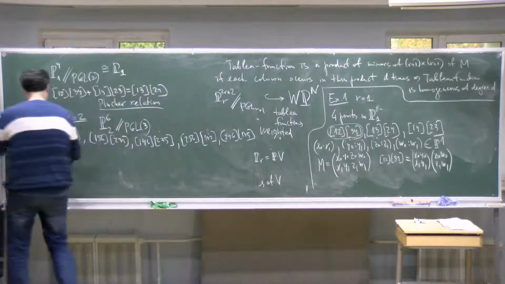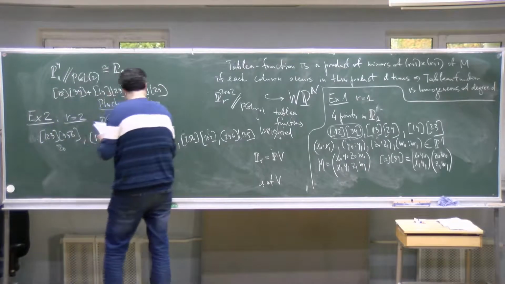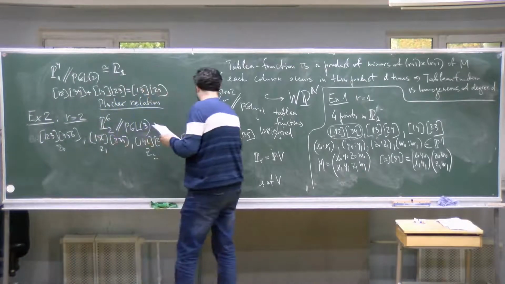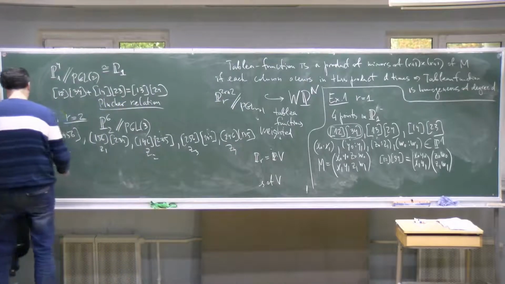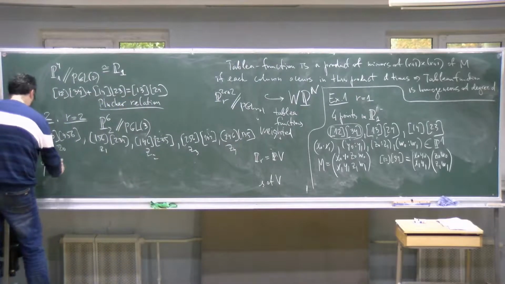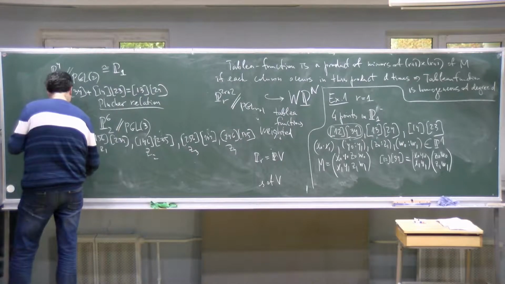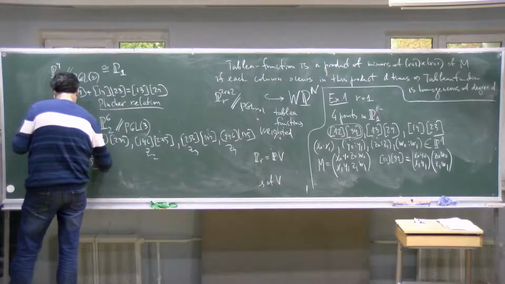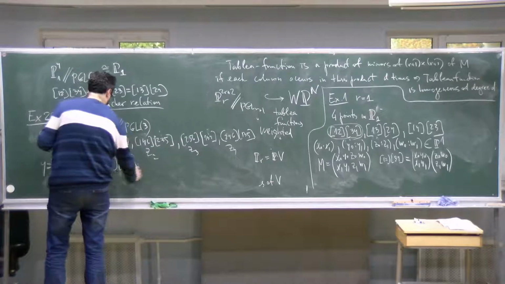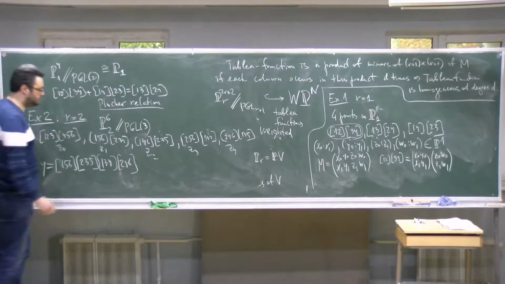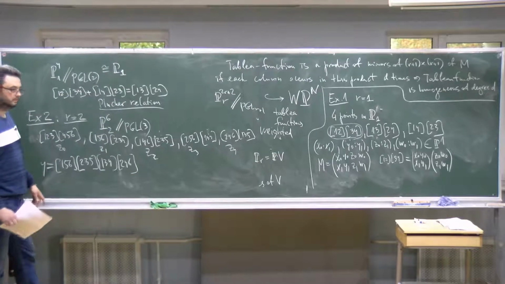I will denote it by Z0, Z1, Z2, Z3, Z4, and we have the following tableau function of degree 2. There should be 6.